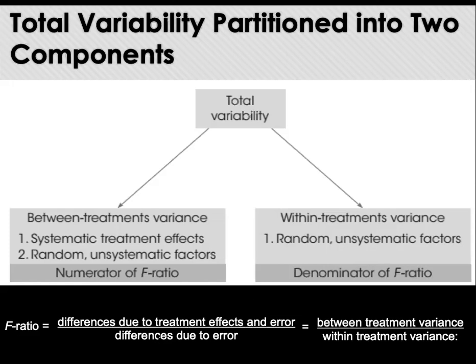Down here, just another way to visualize it, here's our F ratio. The numerator, again, is the between treatments variance. The denominator is the within treatments variance, okay? So between treatment variance, differences due to treatment effects and error. Within treatment variance, differences due to error only.